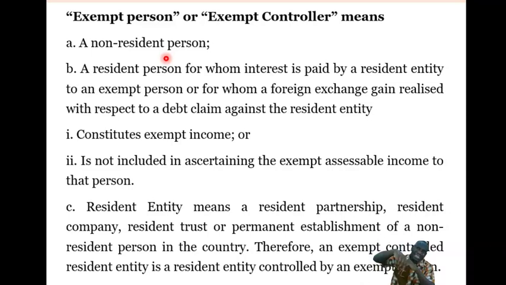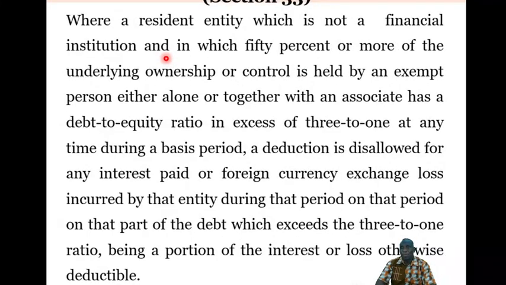They therefore enacted in the law, section 33, an anti-avoidance provision by putting a cap on the debt equity structure of 3:1. That's debt to the equity.